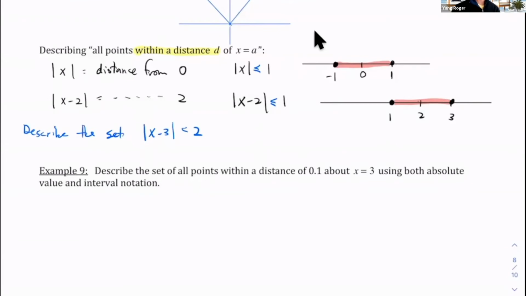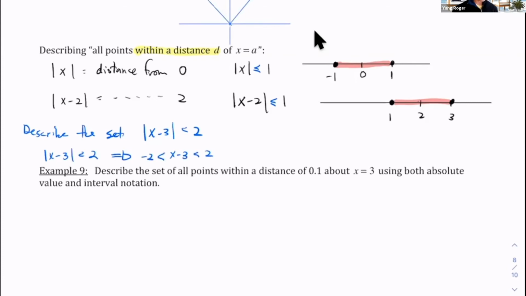What we could do is transform this inequality into a compound inequality in the following way. If I have absolute value of x minus 3 is less than 2, that's basically saying the same thing as x minus 3 is between 2 and negative 2.